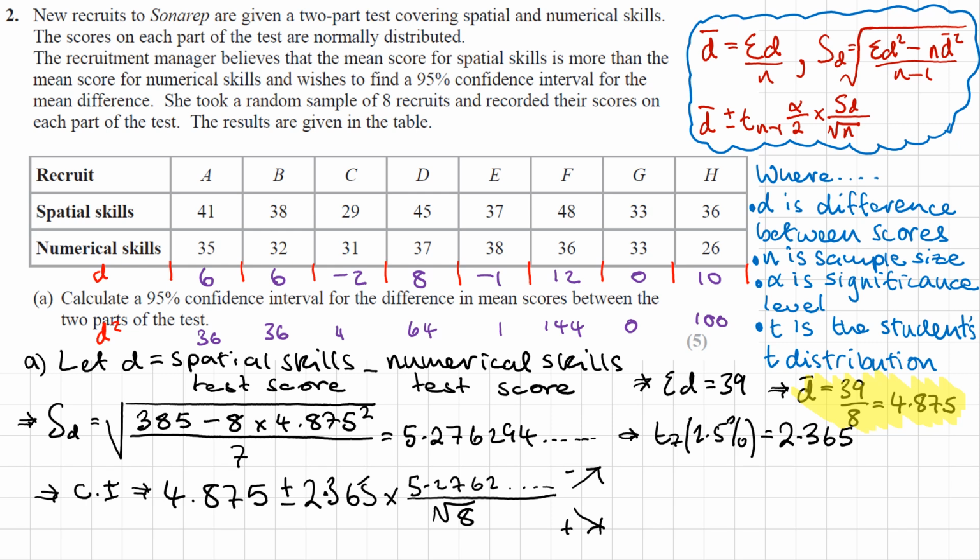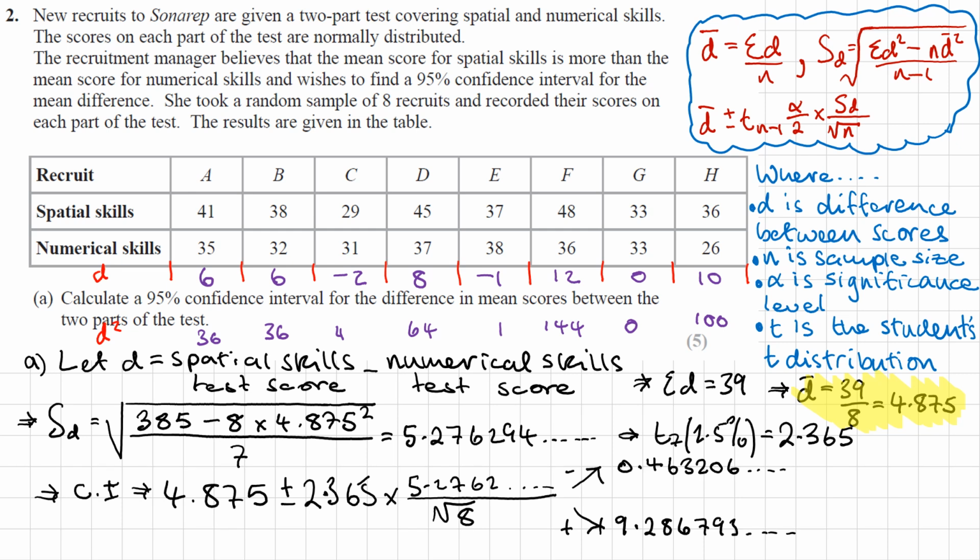Now for my lower limit, I'll give you lots of digits for this one. So I get 0.463206 and for my upper limit I get 9.286793. So I'm going to give these to three significant figures.